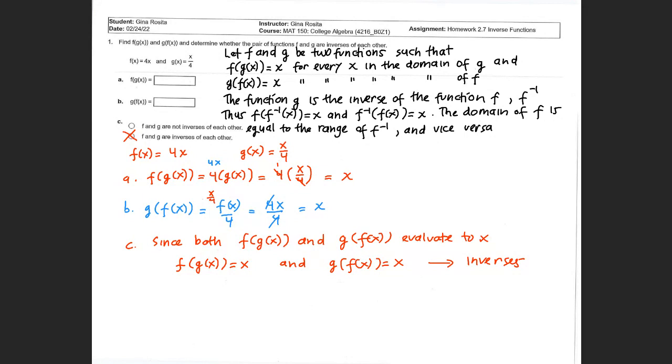Okay, now go to number 2. The same question, yeah? So we can just go directly. So for A, I just look at again. I just write down on the top small thing, yeah? So f is 3x plus 7. Okay. So now you just replace x with g of x.